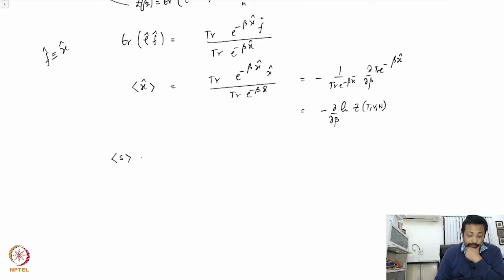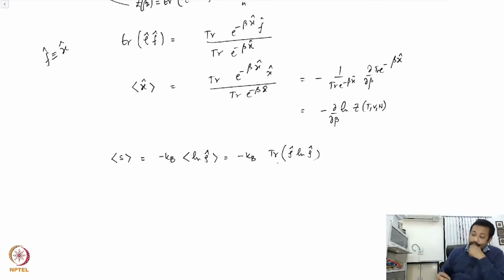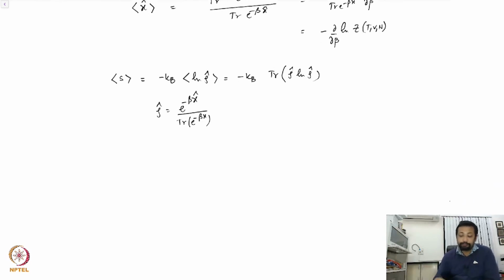The average of the entropy is minus kB times the average of ln rho hat, which is minus kB trace of rho hat ln rho hat, right? And now I want to use rho hat as e to the power minus beta H divided by trace of e to the power minus beta H, so I can substitute this quantity over here.